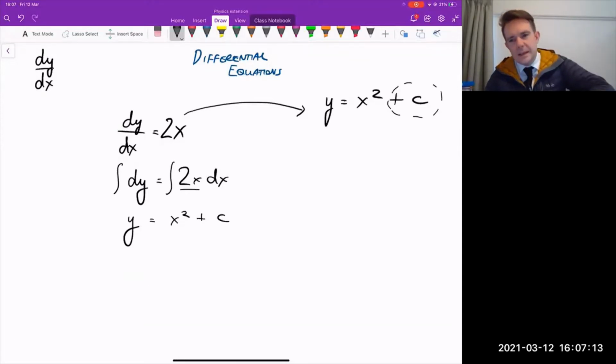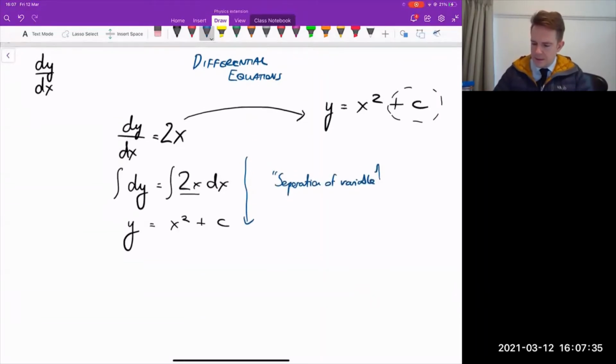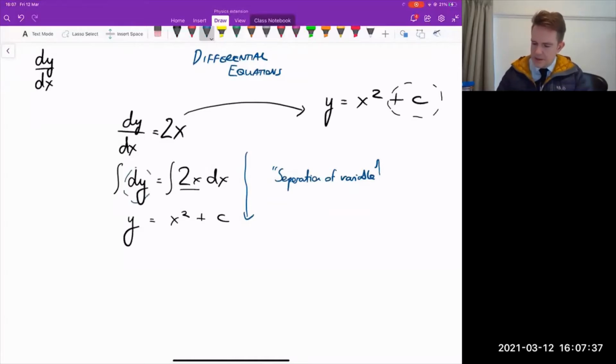Now, I know exactly what you're thinking. You're thinking, isn't that just integration? Well, yes, but remember when I said this is a simple differential equation. So this is a simple differential equation, and this method is called just the separation of variables, because what we've done is we've separated the dy and the dx.